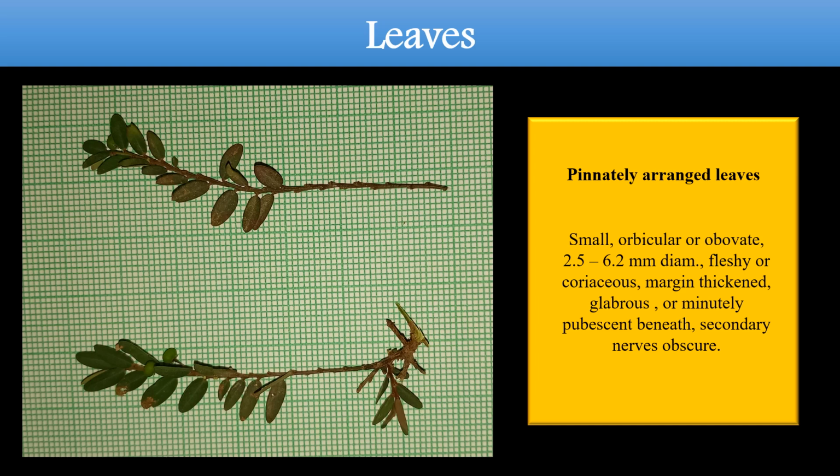So these are the characteristics of the leaf of Phyllanthus rotundifolius. And mainly, it has spirally arranged leaves. That's how you can distinguish this Phyllanthus species from other Phyllanthus species.